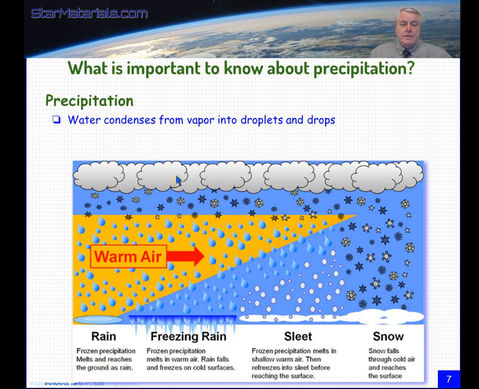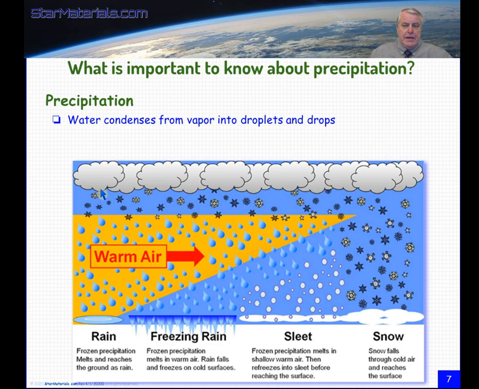If, in a different area, it falls through warm air, but then hits cold air, a different layer of air, the frozen precipitation melts in warm air up here, then rain falls and freezes when it hits something cold enough to give up that heat.